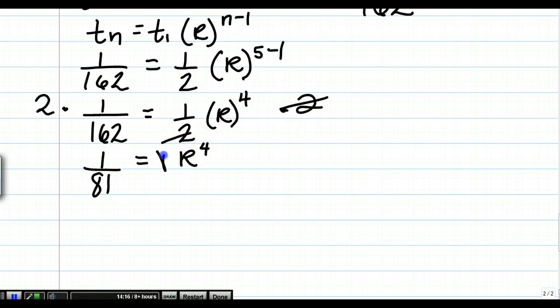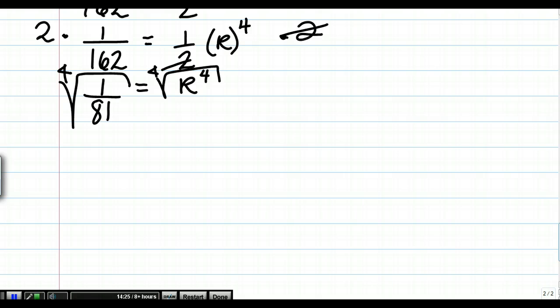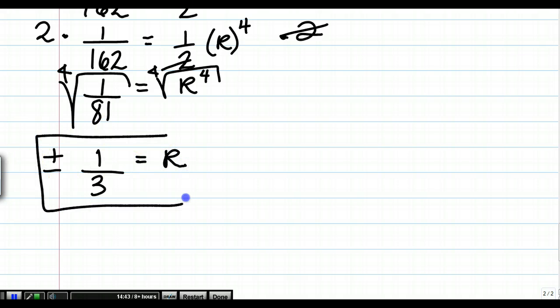Now I'm going to take the 4th root of r to get rid of it. Since it is an even number, you're going to have plus or minus, so don't forget your plus or minus. The 4th root of 1 is 1. The 4th root of 81 is 3 equals r. So this is your ratio.